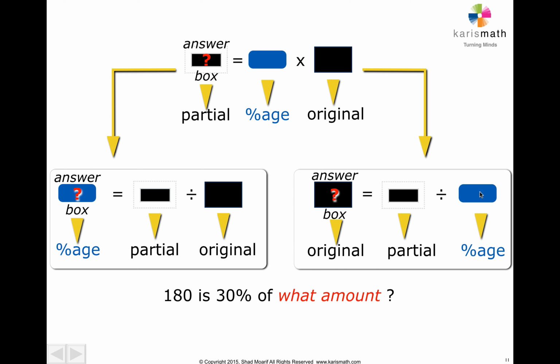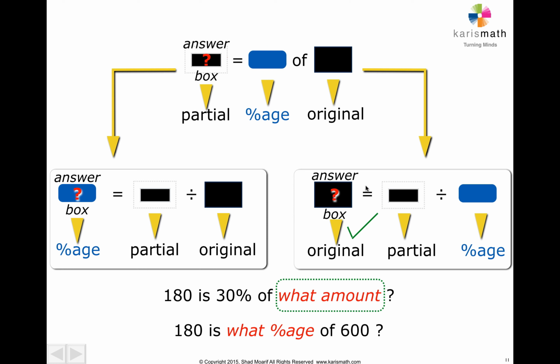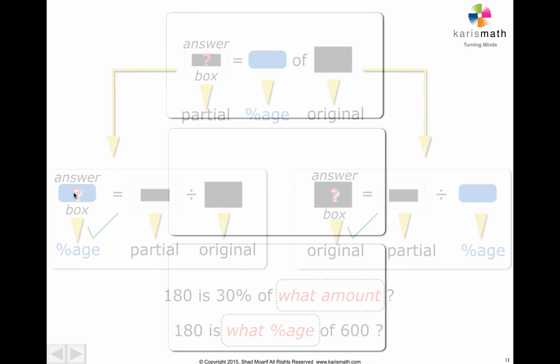We'll put 30% here and 180 here. On the other hand, if I ask 180 is what percentage of 600? Now the question is what percentage? So the answer box is this one here, right? And so I'll write 180 here and 600 here. This is what we're doing here. What amount? We're using this answer box. What percentage? We're using this answer box.